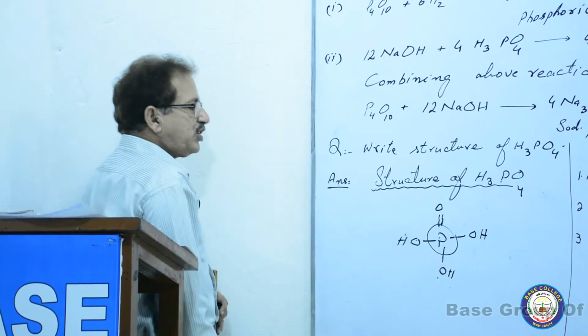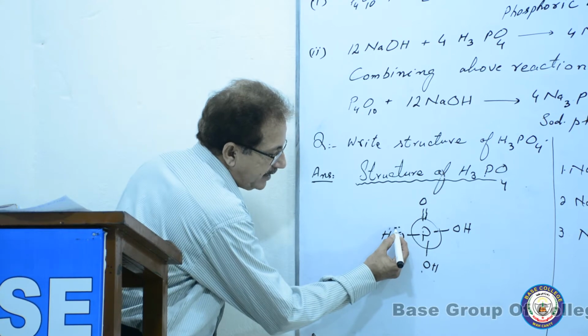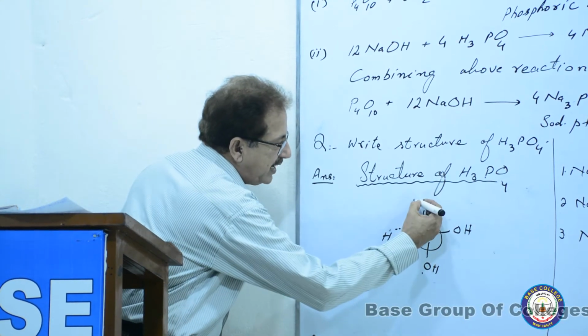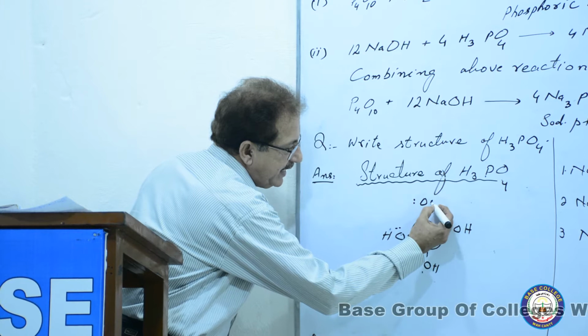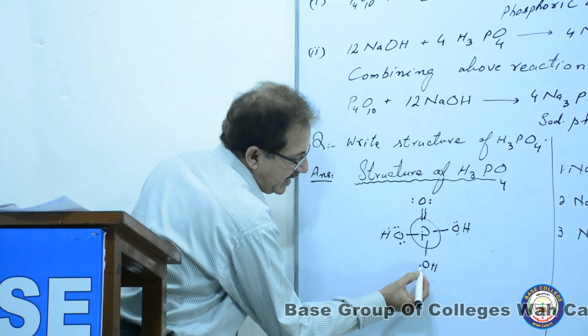So this is the structure of phosphoric acid. It is better to write this structure along with the lone pairs of electrons.